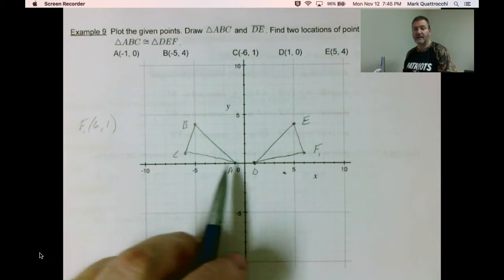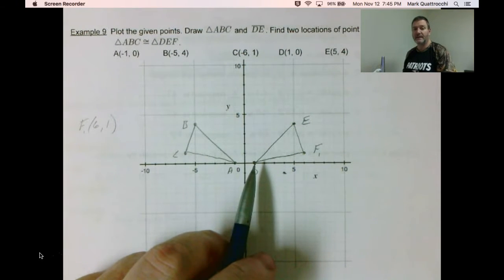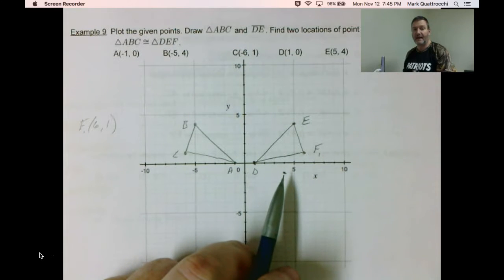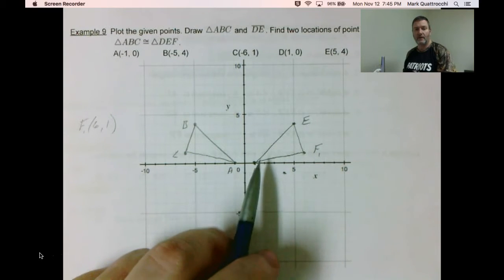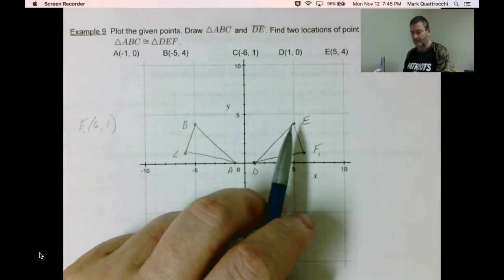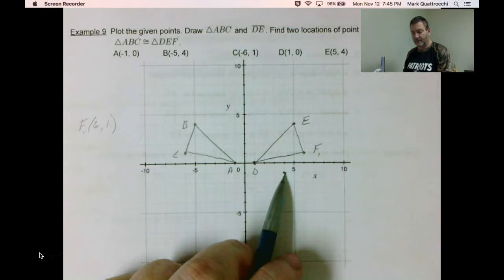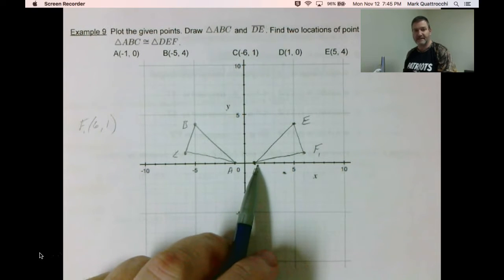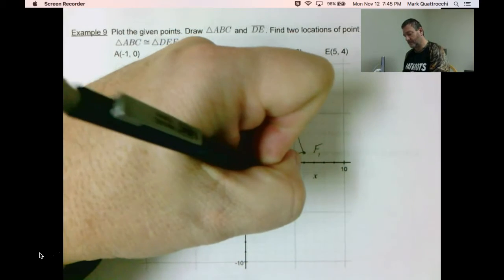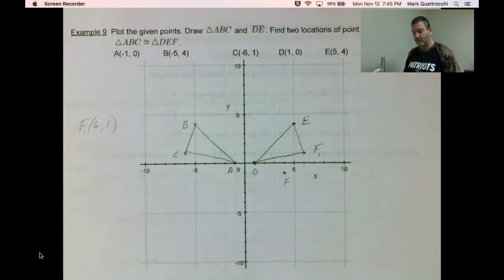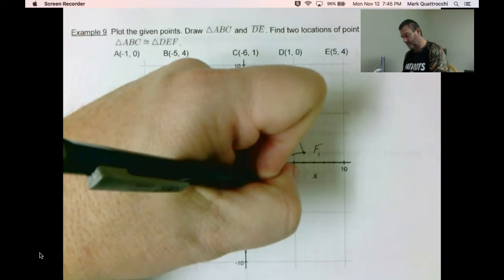Triangle ABC would match up with triangle D to E, E to F, and then F back to D again.